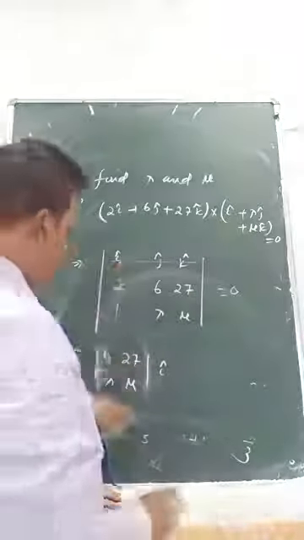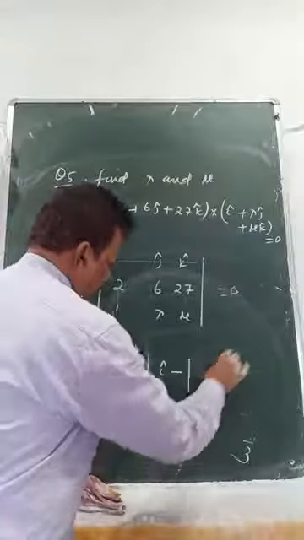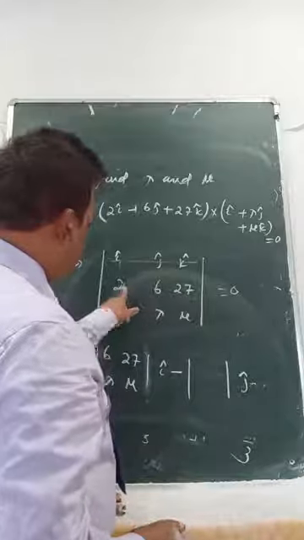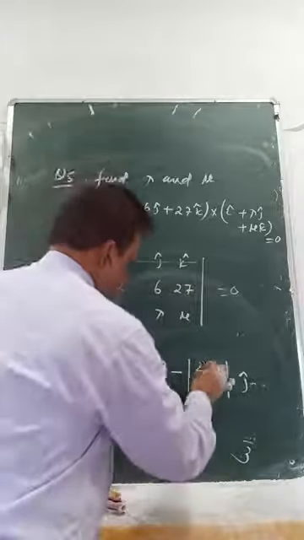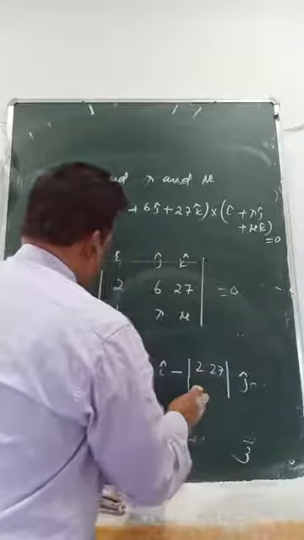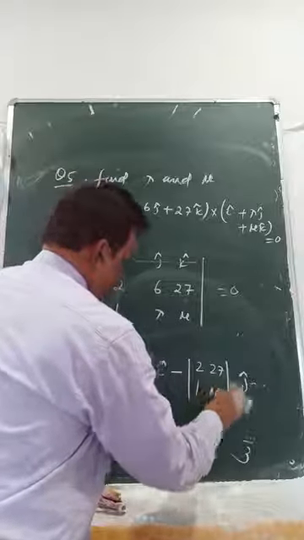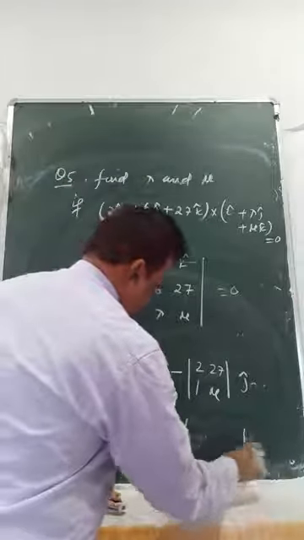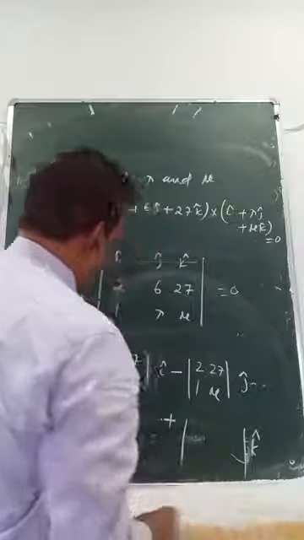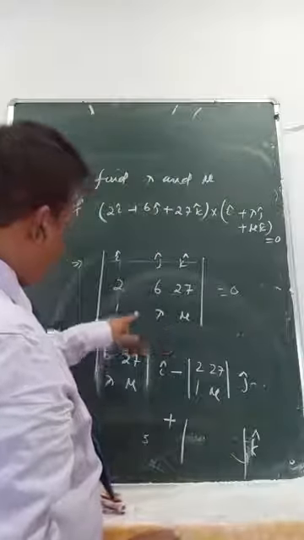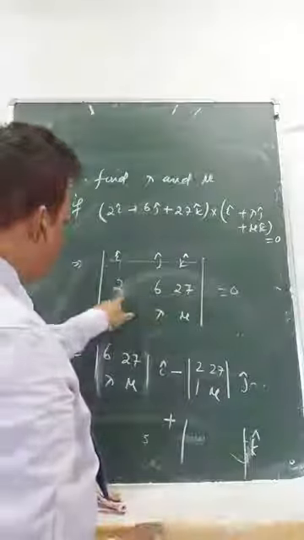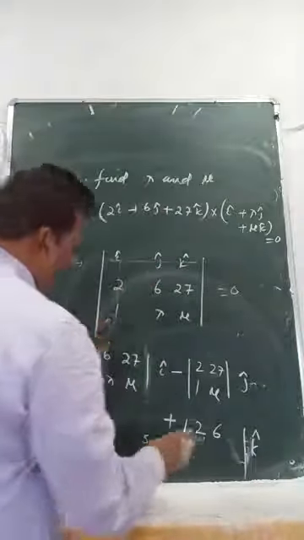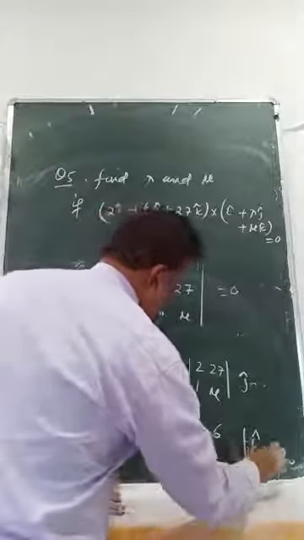Then minus j times, the j line you have to forget: 2, 27, 1, mu. Plus k times, the k line you forget: 2, 6, 1, lambda equals 0.